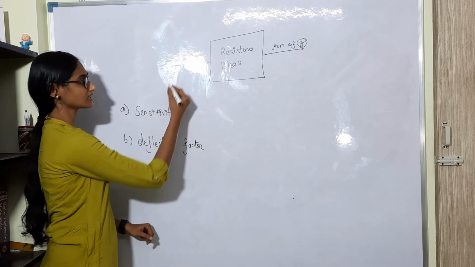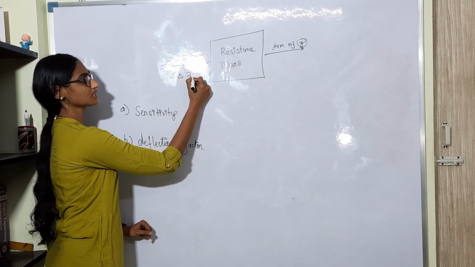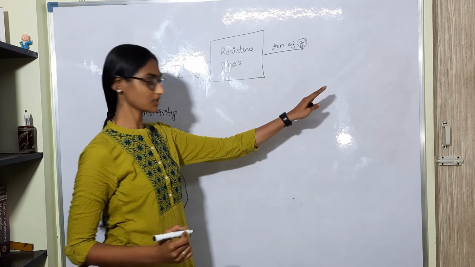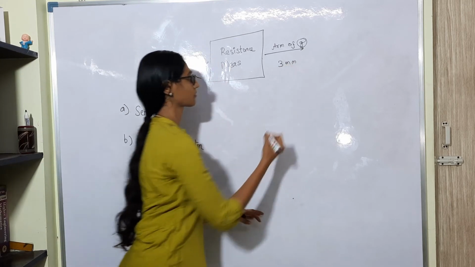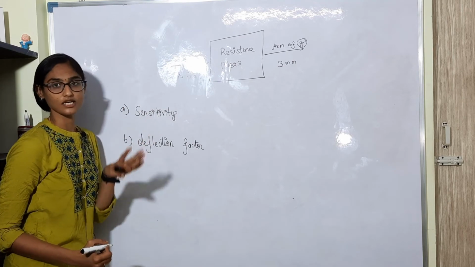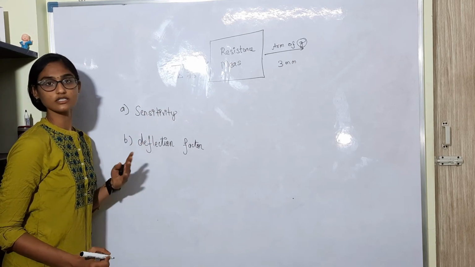What is given? A change in resistance of 7 ohm is giving a change in the reading by 3 mm. Okay, so what is sensitivity? Change in output divided by change in input.